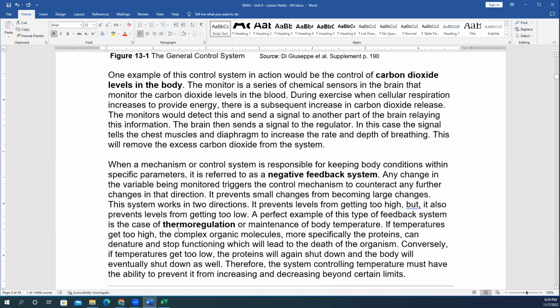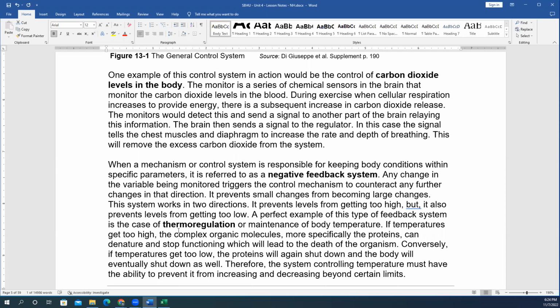One of the good examples of this type of control system is the control of the carbon dioxide levels in the body. What monitors this is a series of chemical sensors in the brain that monitor the carbon dioxide levels in the blood as it passes through those brain cells. During exercise, cellular respiration is increased to provide energy, and there's also a subsequent increase in the carbon dioxide that is produced.